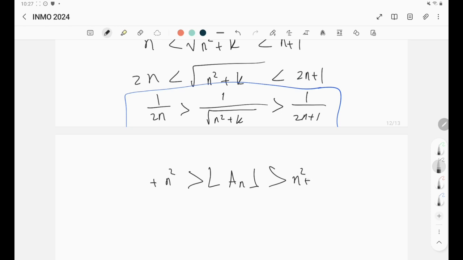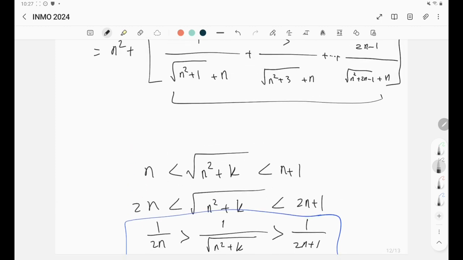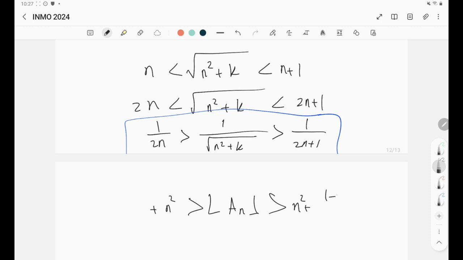We can add the rest. Here we can add 1 over 2n plus 1 plus 3 over 2n plus 1 plus so on till 2n minus 1 over 2n plus 1. So now it became just 1 plus 3 plus 5 and so on till 2n minus 1, divided by 2n plus 1. Same thing here: 2 plus 4 and so on till 2n, divided by 2n.